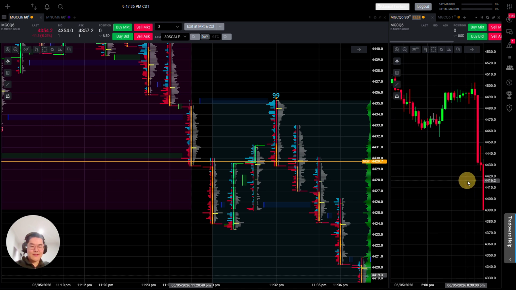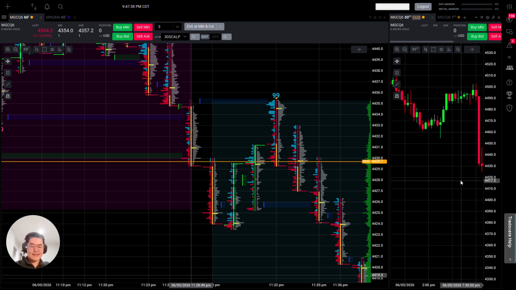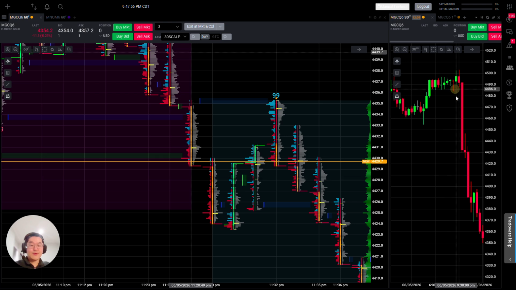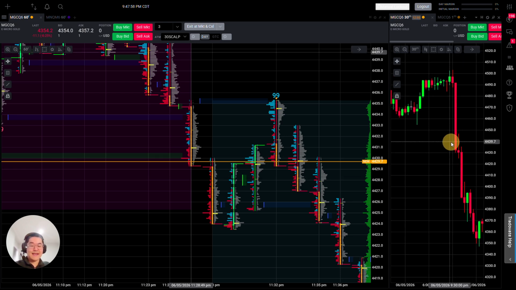A lot of retail traders will probably look at that and think to themselves, we have this big push down, we have a doji, price is probably going to retrace, fill the gap, FVG, whatever they want to call it. I don't care. But a lot of retail traders would probably try to buy that, looking for the gap fill. Well, they would call this a gap, which it's not actually a gap.